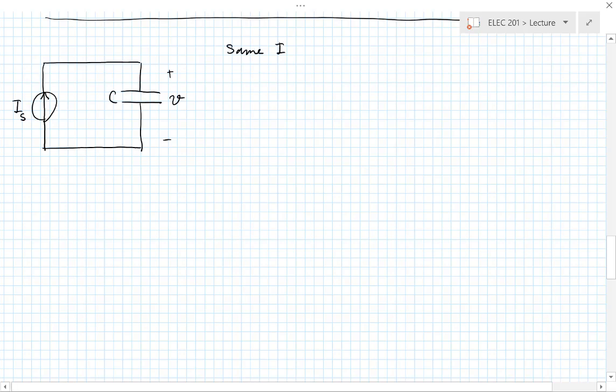Same Is of t as before. So it's the same step function, jumping from 0 to I naught. What is V of t?